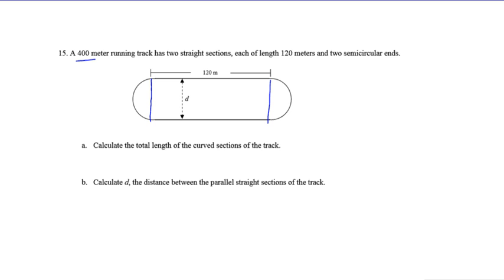Because this is a rectangle, that's also 120, which means that the two semicircular parts of the track need to make up the rest of the 400 meters, which totals to be 160 meters.